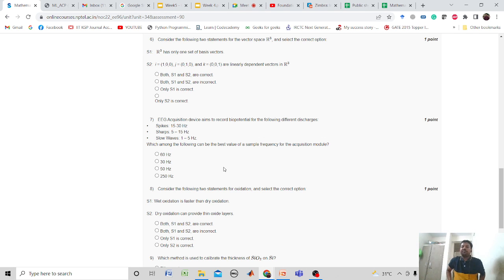But I think all of you know what an EEG is. Obviously, this has no relation to the question, but I'm just asking. EEG is nothing but electroencephalogram, which measures the electrical activity of the brain. And EEG actually has wide applications. It can be used to determine various kinds of brain disorders, right from epilepsy to monitoring strokes in patients.